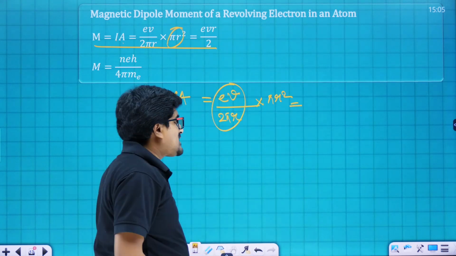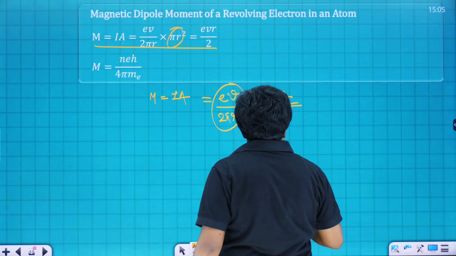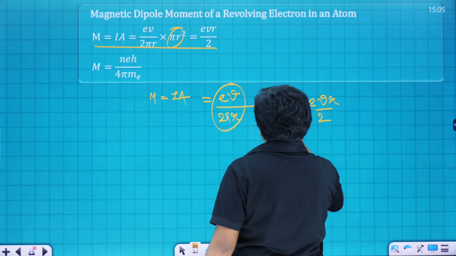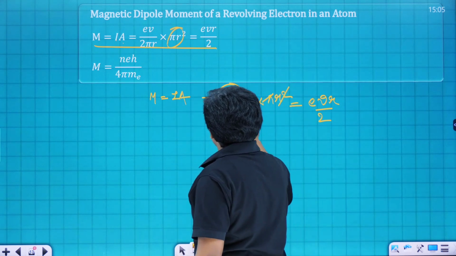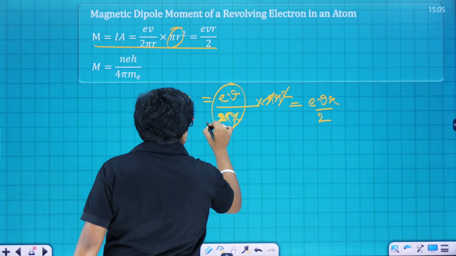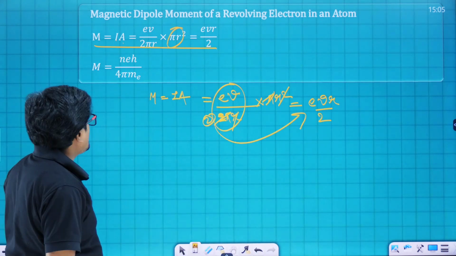The same expression can be converted into the form e times nu into r all divided by 2. Just resolving this, 2 pi and pi cancel each other, and this 2 will be there. So in that way you can have this particular expression. I believe that was okay with you.